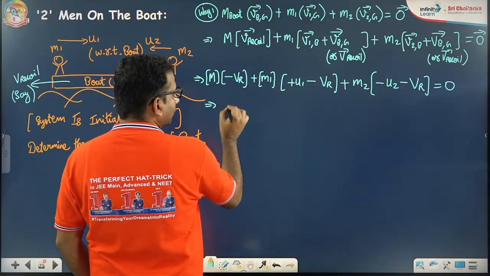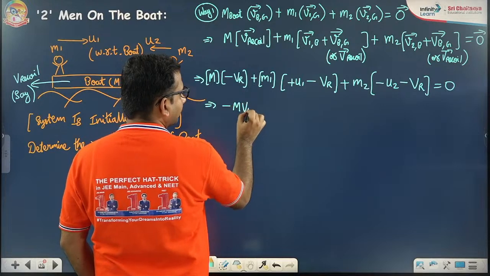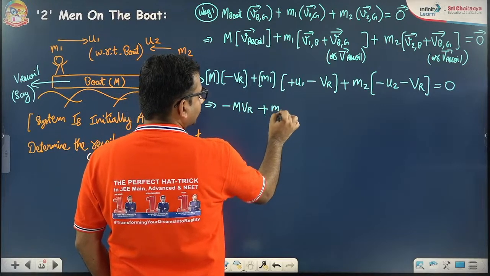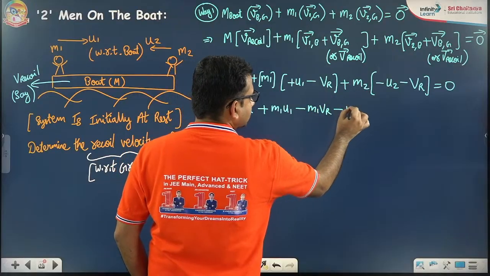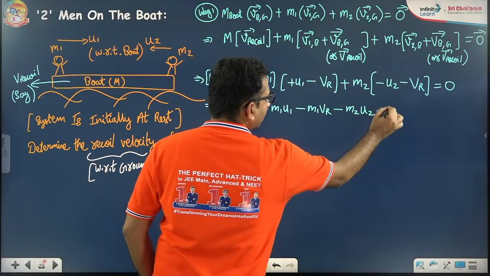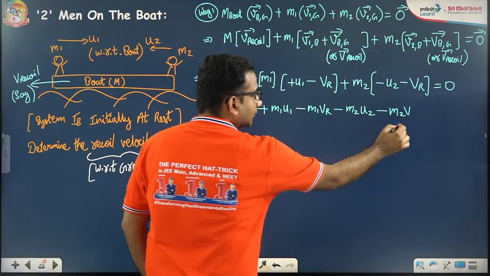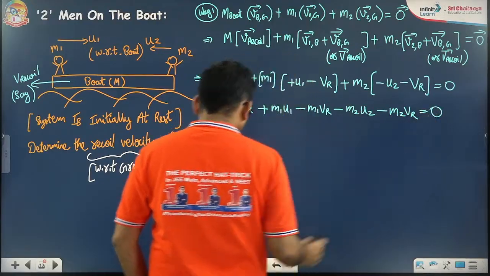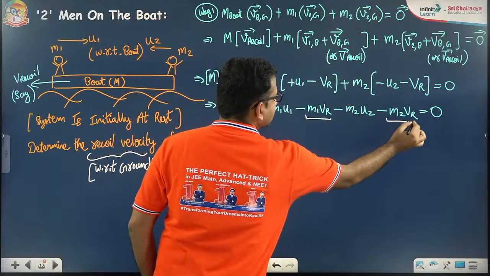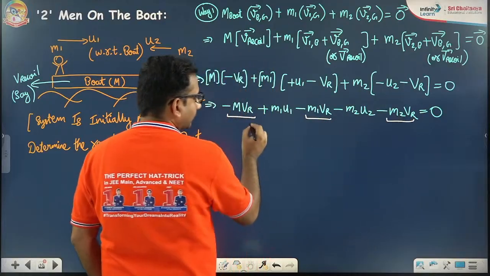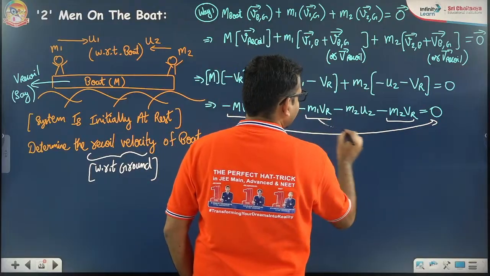So that is equal to minus MVR plus M1 U1 minus M1 VR minus M2 U2 minus M2 VR, that is equal to 0. From here, these terms you can take to the other side.